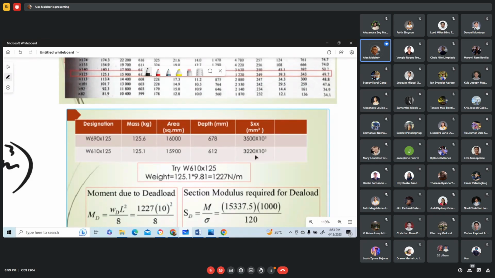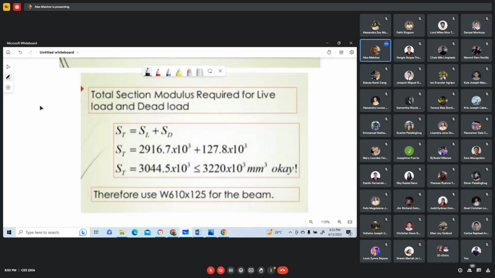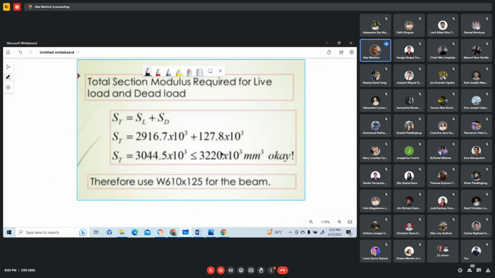If you compare it with this total section modulus, this is less than the section modulus of that selected section. So therefore, use this W610 by 125 for the beam. So that is selecting economic section.